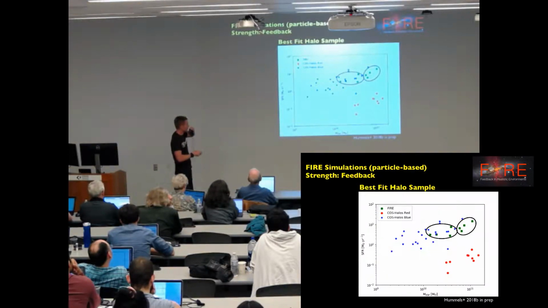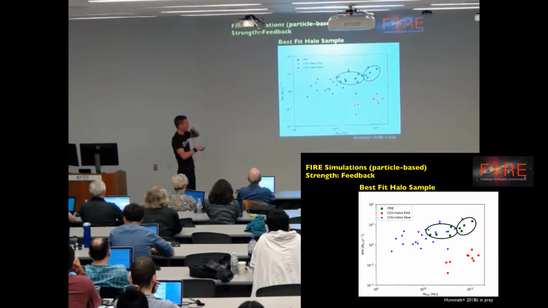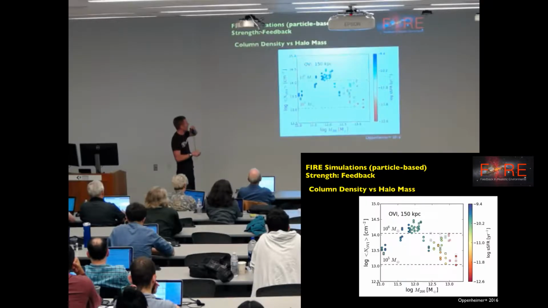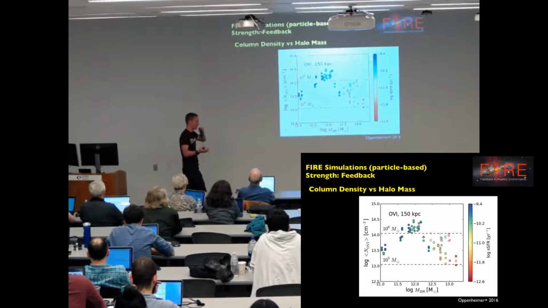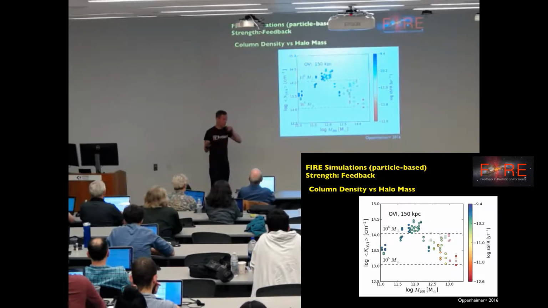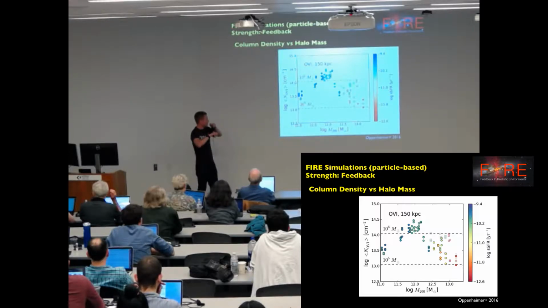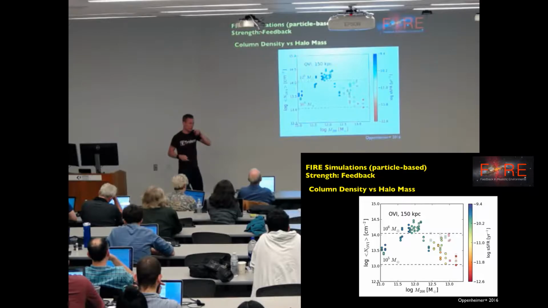I can better show this again. This is the set of systems in our low mass, and this is the set of systems in the high mass. And this is the plot from Ben Oppenheimer's paper where he basically says that O VI is a virial thermometer, and as you go higher and higher in mass, you're dropping your O VI content because of this effect I just described, where the virial temperature goes too high relative to the O VI window.